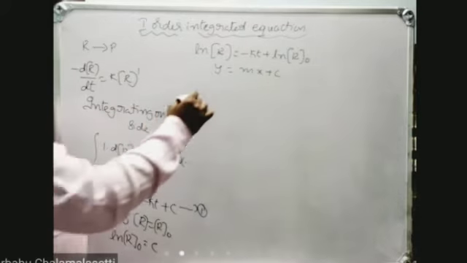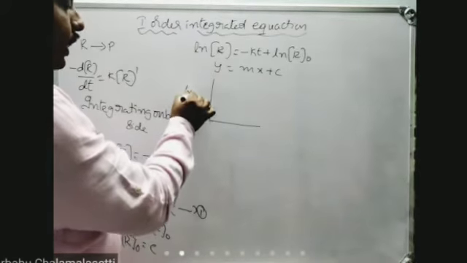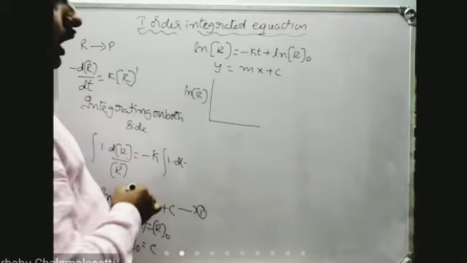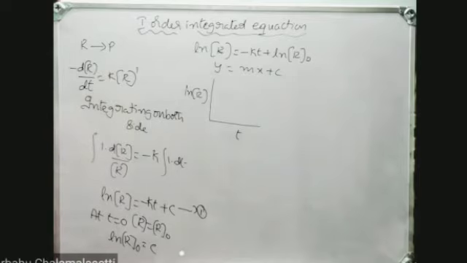So if a graph is drawn between ln R versus t, then the graph is a straight line with a negative slope.